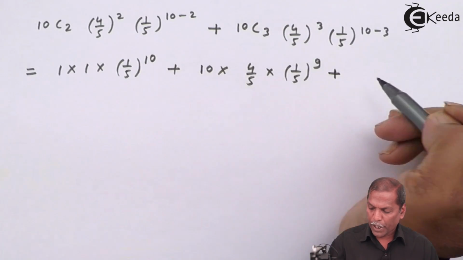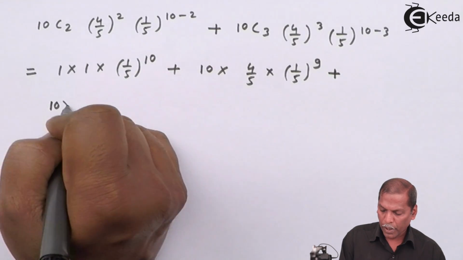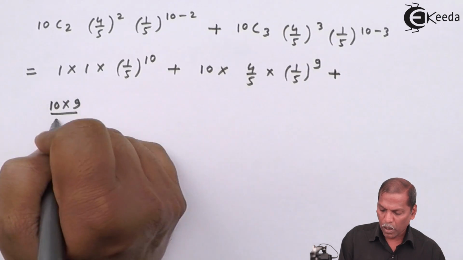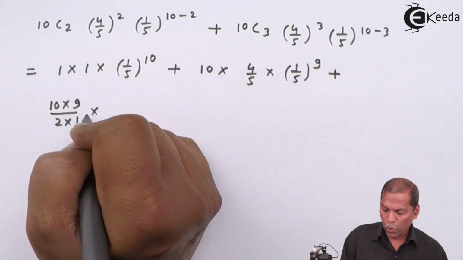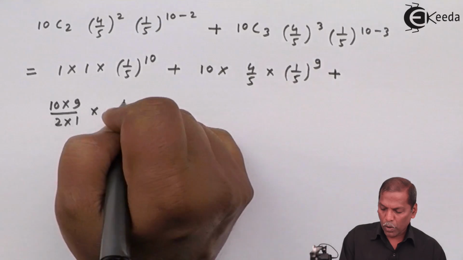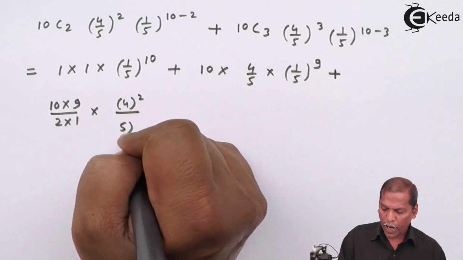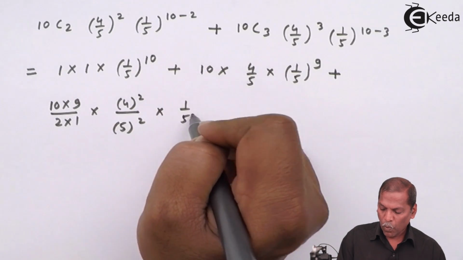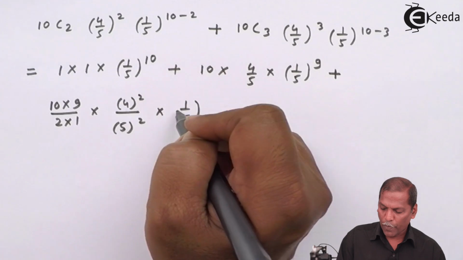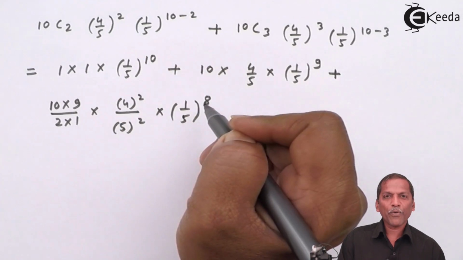Now 10C2 gives 10 into 9 upon 2 into 1, into 4 squared upon 5 squared, into 1 upon 5 raised to 10 minus 2, which gives 8.